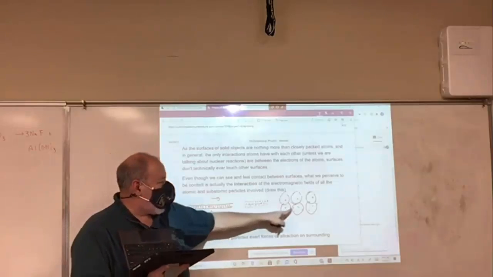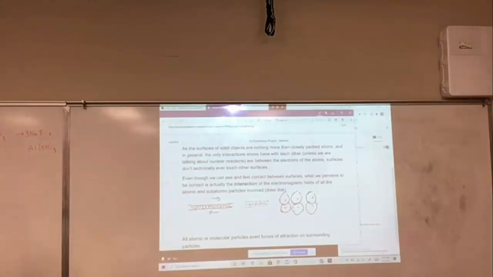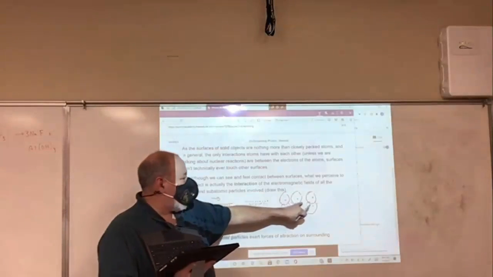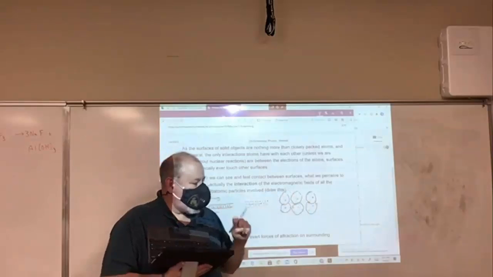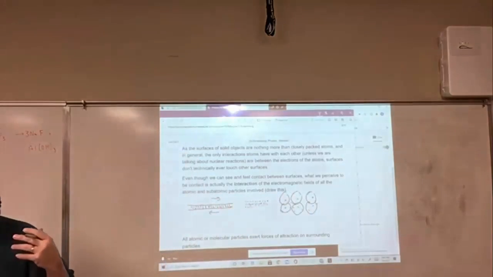And what happens is that moving particles that are charged create a magnetic field around them. Now, if I've got electrons that are whirling or waving around the nucleus of the atom, you would agree that these electrons are in motion, right?